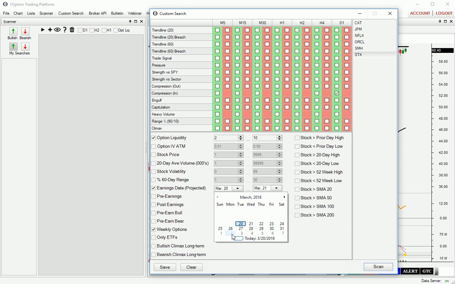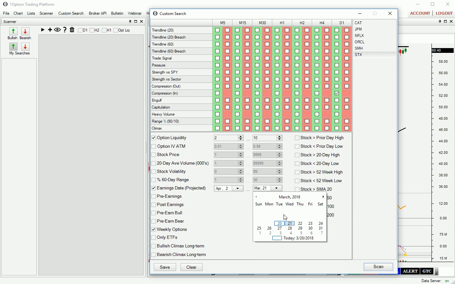So let's go to the 2nd of April, and let's go to maybe the end of that week. So the 6th of April, and because I have pre-earnings bull marked, I know that these stocks that come up are going to have a tendency to rally.